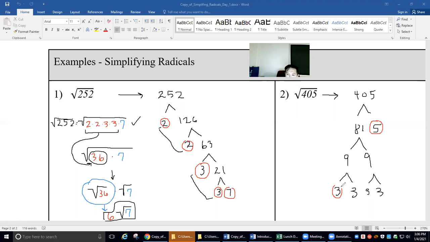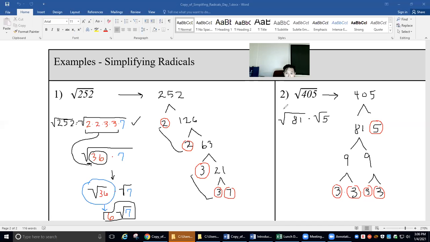So how many times, guys, do you see 3 repeated? 4. Correct, 4 times, right? So since that is repeated more than once, if I multiply them, because they're all being multiplied together, correct? I actually get 81 times the square root of 5.